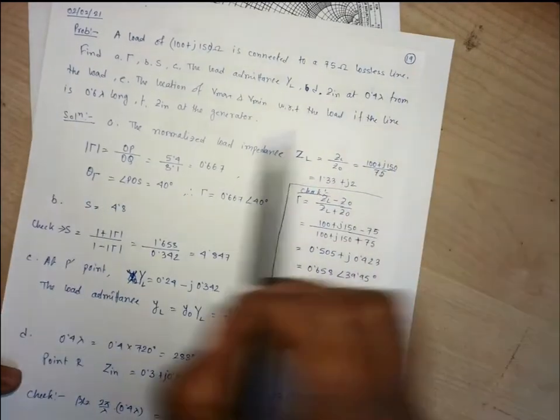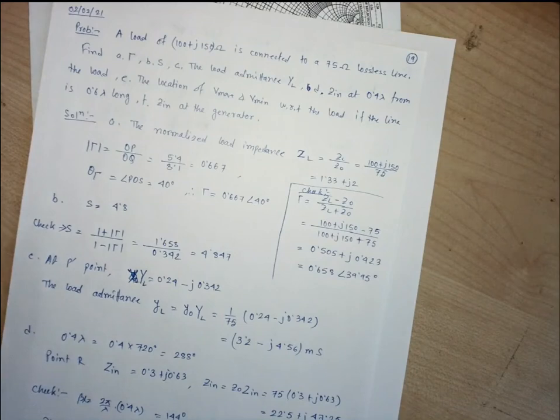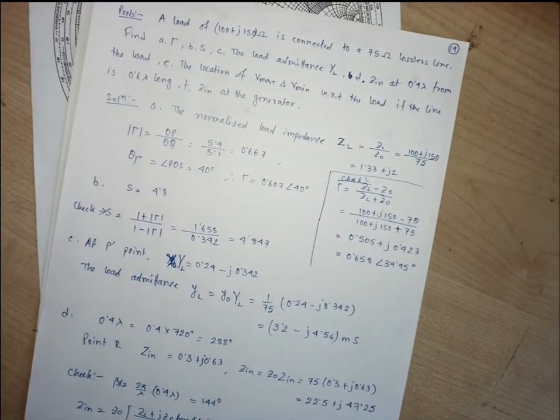Because the length is given as, what is the length? 0.4, right? That is what we already mostly derived. No, sorry. We have derived the point YL at 0.4 lambda, right? Sorry, Zin we already derived at 0.4 lambda at the generator. We can find out.